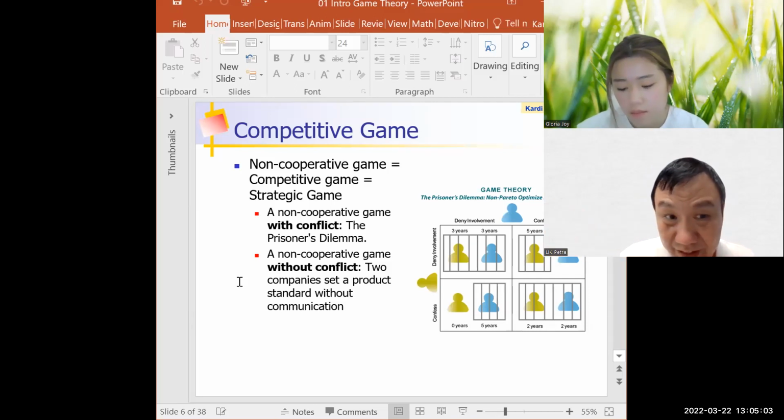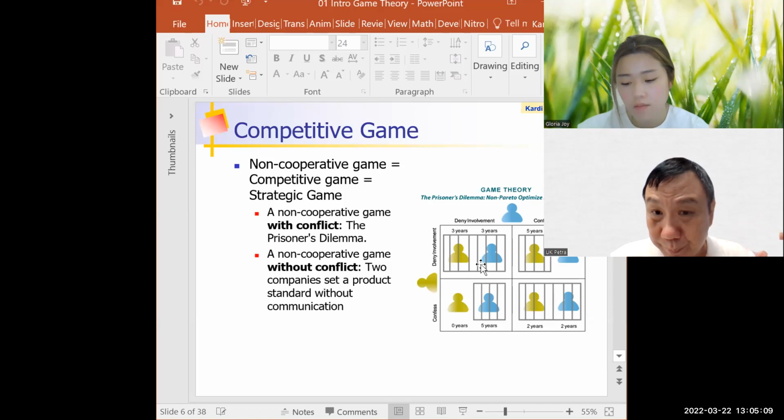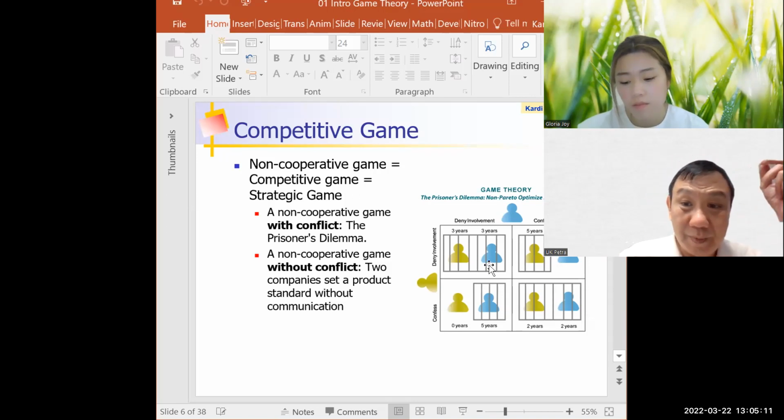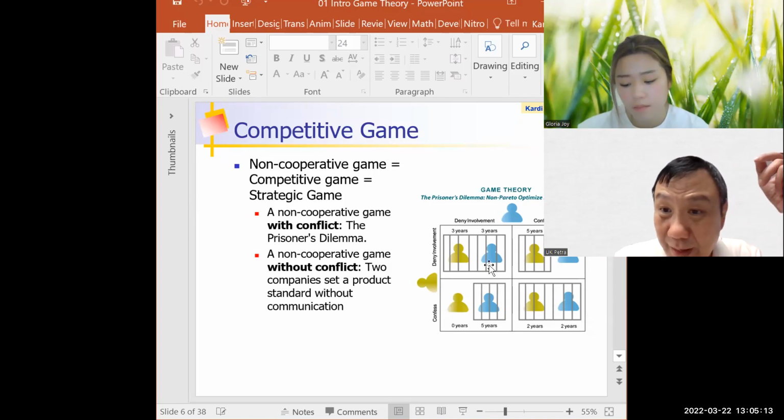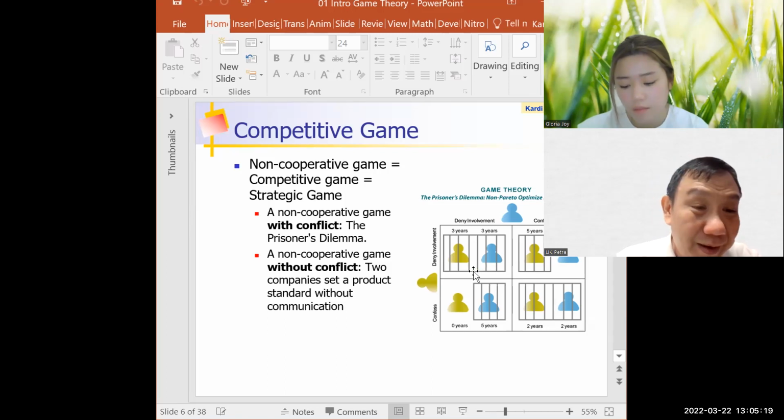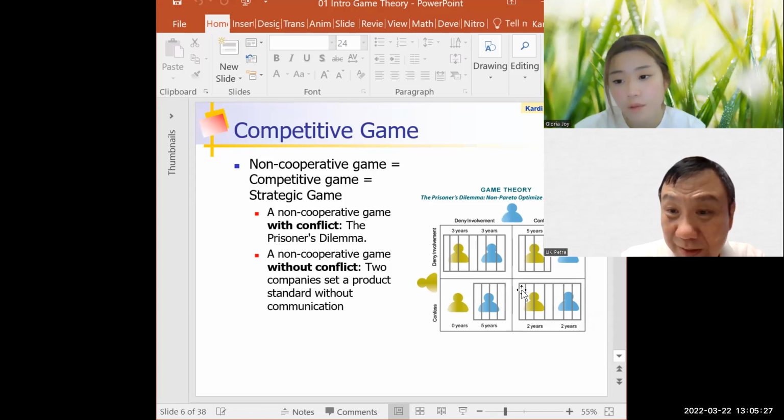The one on the right side here, you can see there are two prisoners, right? And they have two choices, whether they confess or they deny involvement in the crime. If both deny the involvement, both will get 3 years.